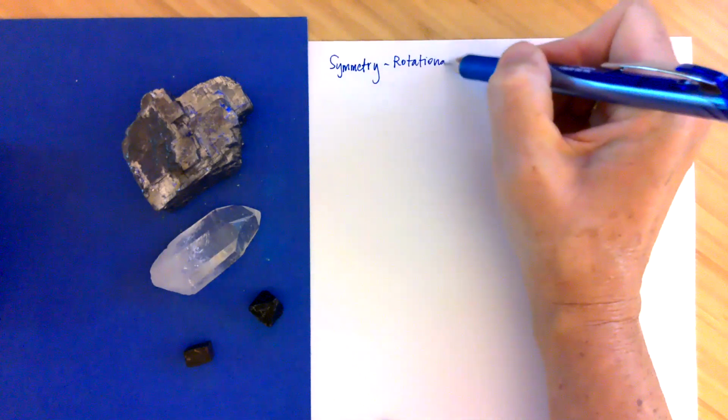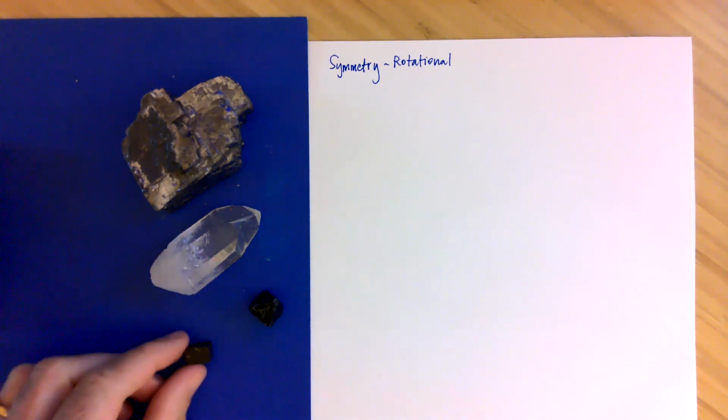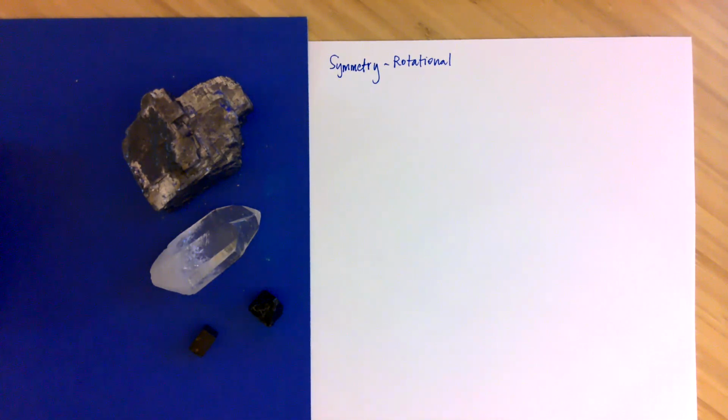Okay, so you can see a few minerals that are sitting here off to the side, and you can see that these minerals have different shapes or morphologies to them. And those shapes are, of course, made up of the different faces.